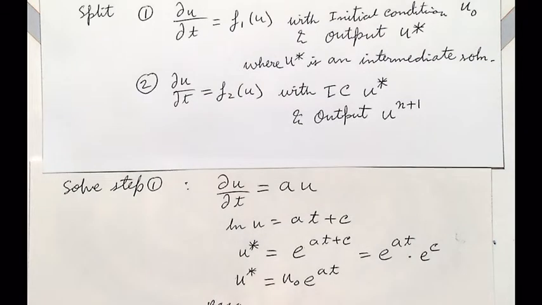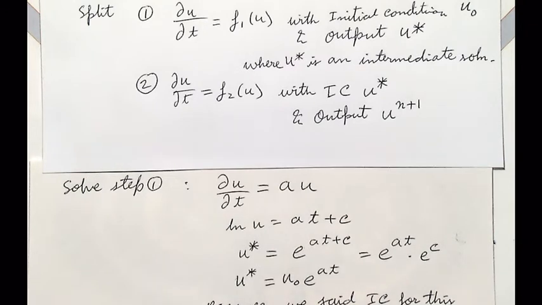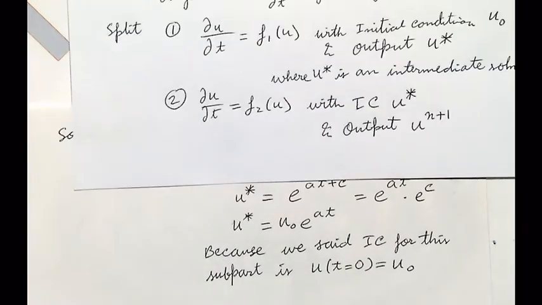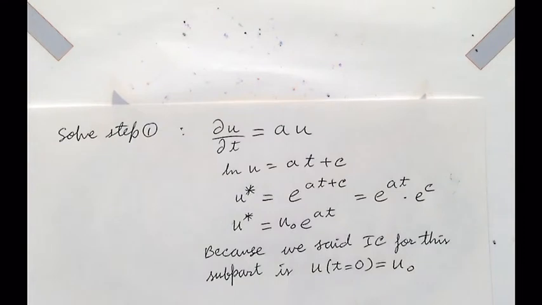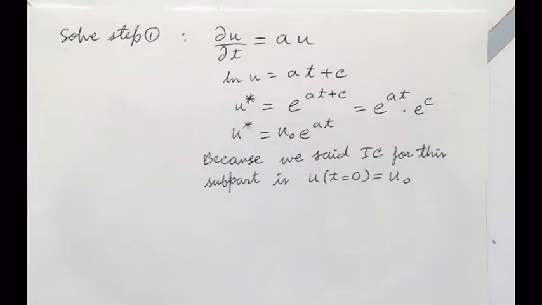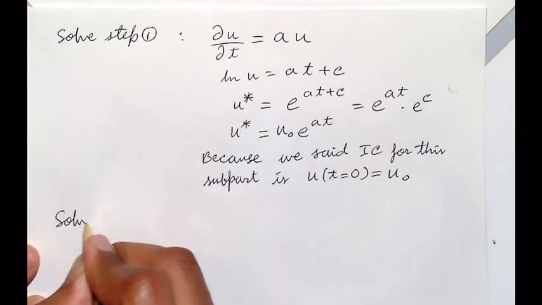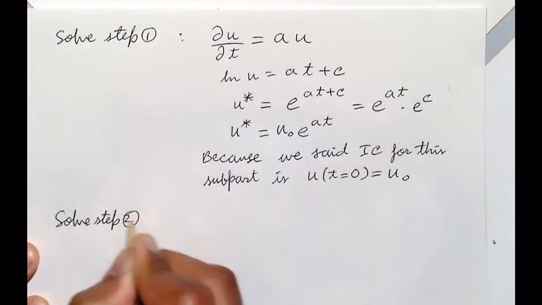Because we said the initial condition for this subpart is u at time equals 0 is u naught, or u n. All right, let's solve step 2.